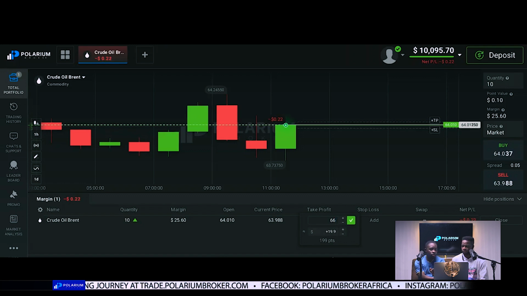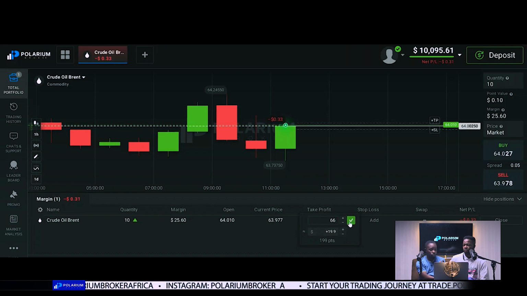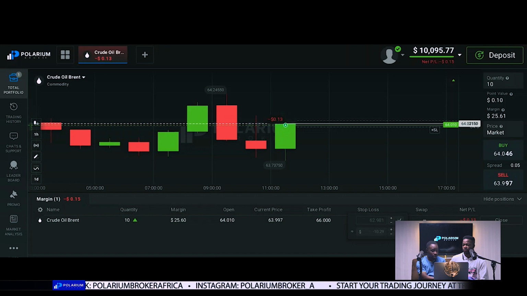Based on this 25.6 margin that we put in, if the crude oil Brent enters $66 per barrel, your profit will be $19.9 if it gets to that. So we just set it. It's there. Now for the stop loss, we'll come here also.